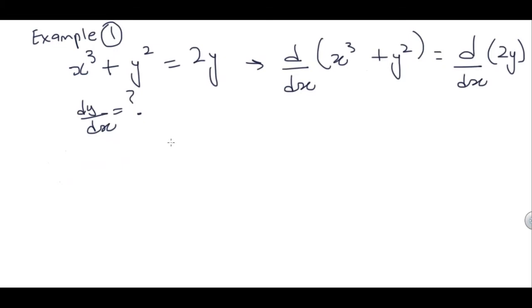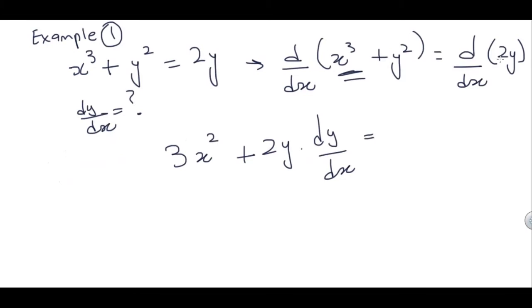Differentiating x cubed, we get 3x raised to the power 2, plus 2y multiplied by dy over dx, as I mentioned. Now we differentiate 2y as well. As 2 is a constant, the differentiation of y would be dy over dx.